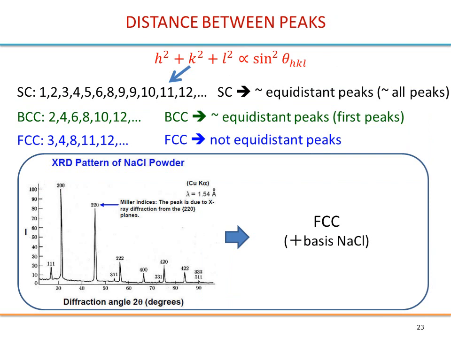One other thing, just looking at these peaks, you can look at the distance between the peaks. This can also give you information already. In fact, the sum here is proportional to the sine squared of theta for HKL, because remember we have this ratio, the sine squared divided by the sum, which is a constant.